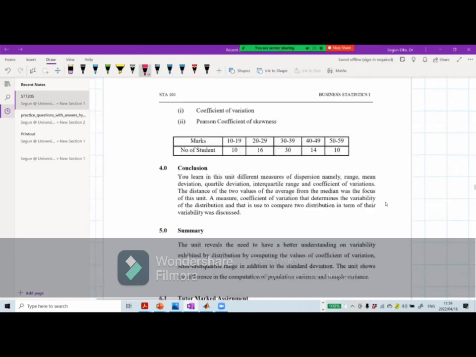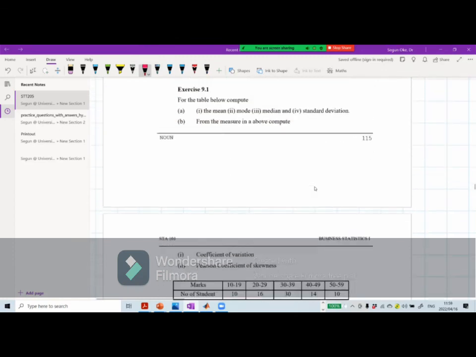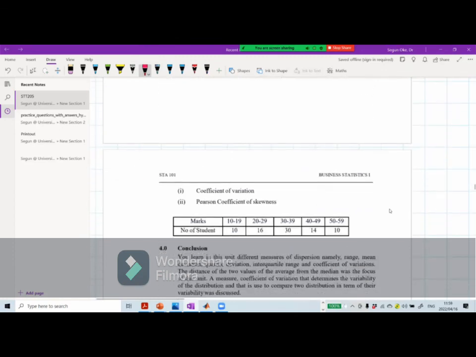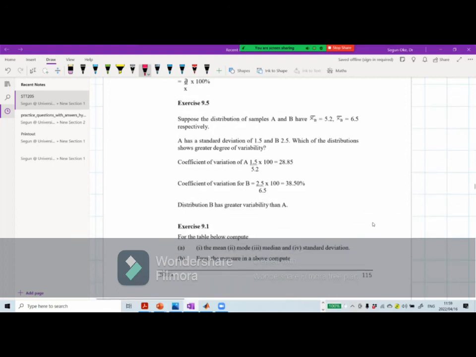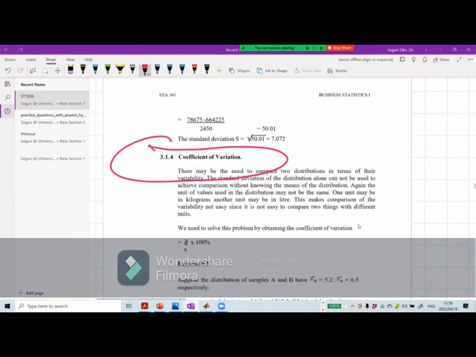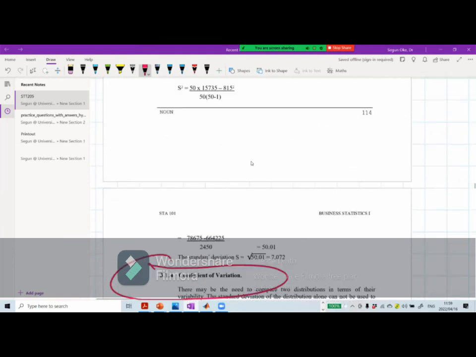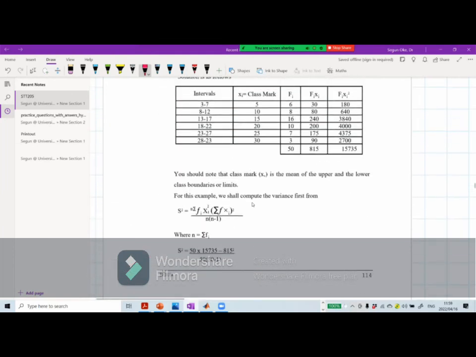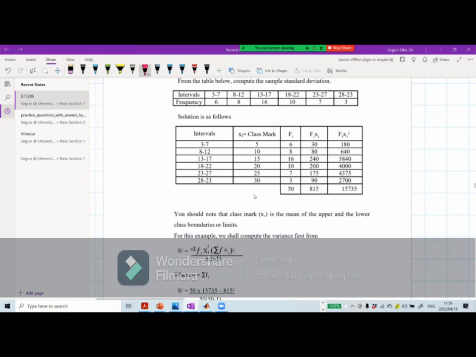So they can give you this question. It's very simple and asks you to calculate everything we did now. You form the table. Look at it, I just circled it. I've not even touched this one. So next class, we'll quickly solve this one. If you missed it, you're on your own. It's still the same thing. They can use different ways, class mark, F, Fxi, Fx squared.